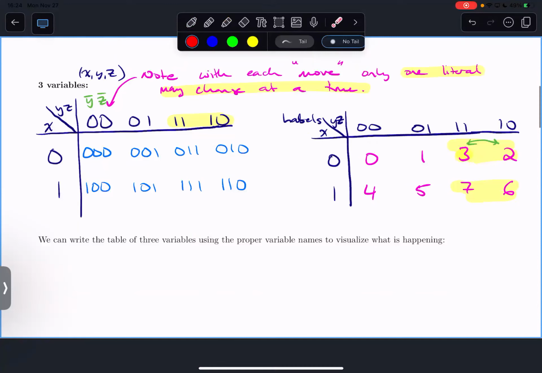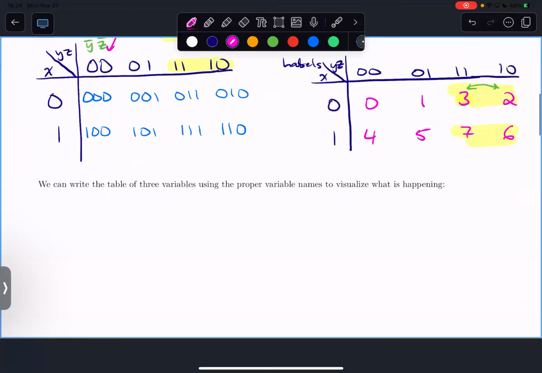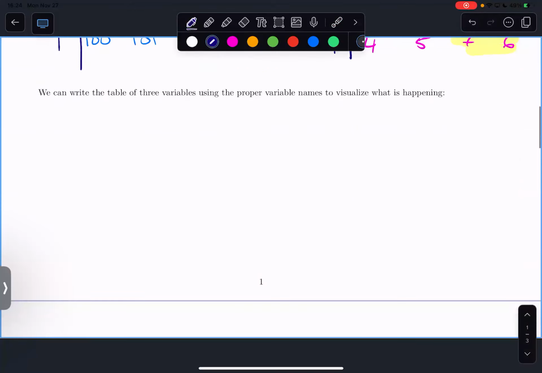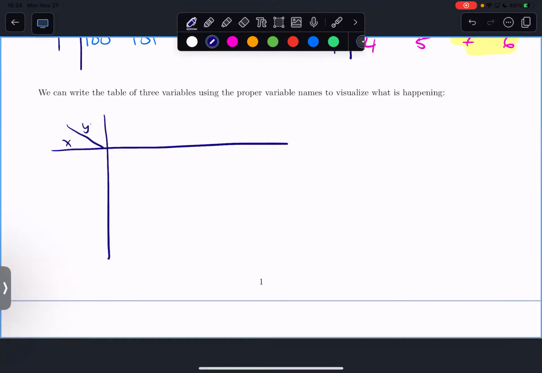If we wanted to, we could write this table in terms of X, Y, Z, the literals. And what this would look like, just for an understanding of what we're saying in this table, X, Y, Z: 0 is the same thing as X being off, 1 is X on.